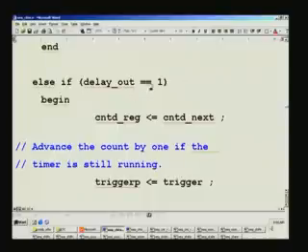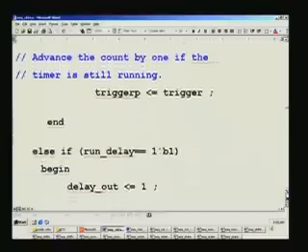So delay out equal to 1 is the output of the timer, and when it is on, then automatically start incrementing. That is how the code has been written, and otherwise preserve the contents. And if you sense rising edge of run delay, that was your question. It's tested here. Then only you make that delay out 1.